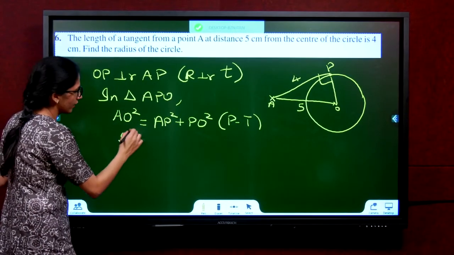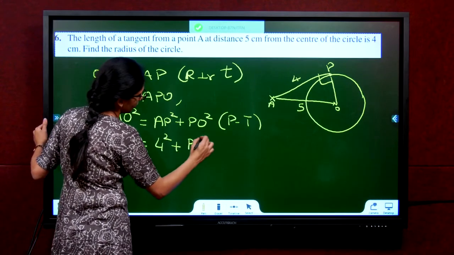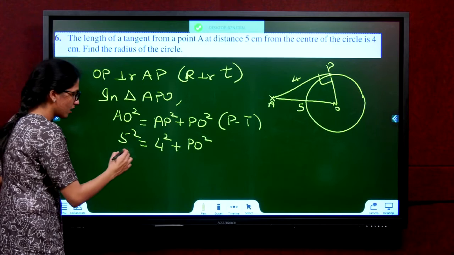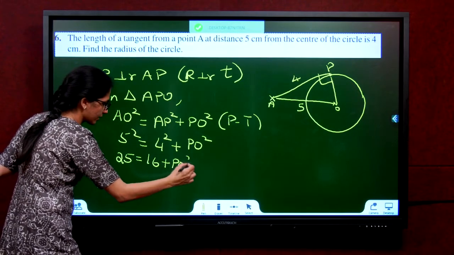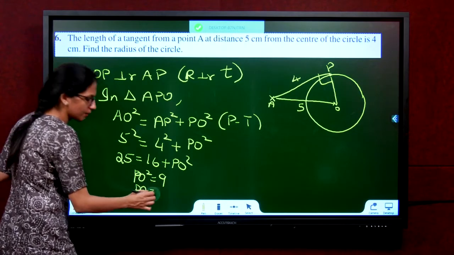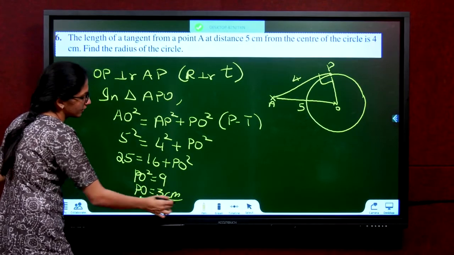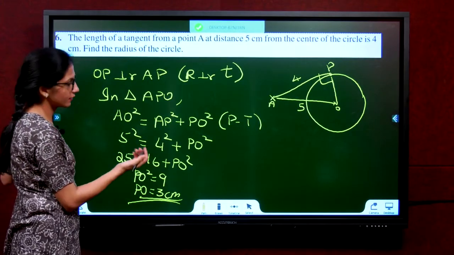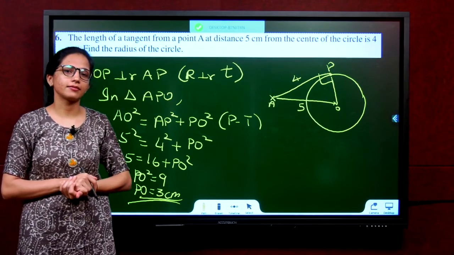AO square is 5 square, AP square is 4 square, PO square we have to find. That's the radius. 5 square, 25, is equal to 16 plus PO square. PO square is equal to 9. PO is equal to plus or minus 3. Ignore the minus because the radius cannot be negative. Therefore, the radius is 3 centimeters.